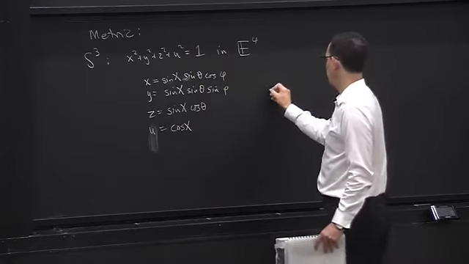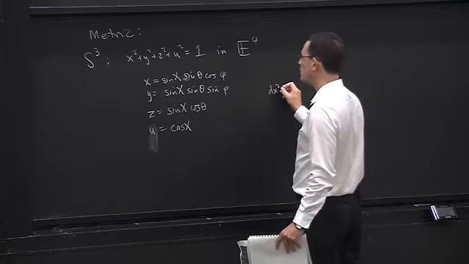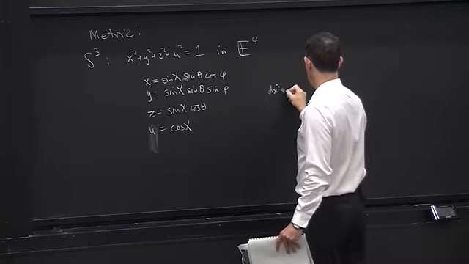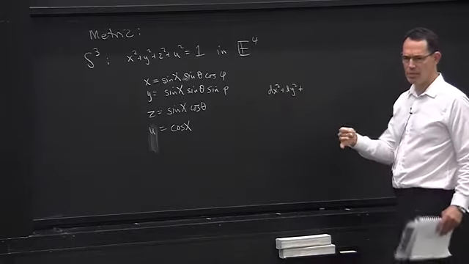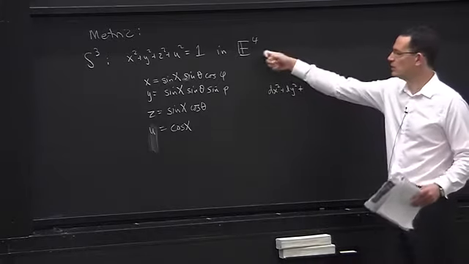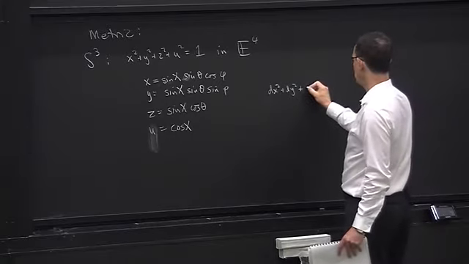Okay, and then work out the induced metric. So I take the metric on E4, which will automatically possess all of these isometries because the space is so symmetrical.